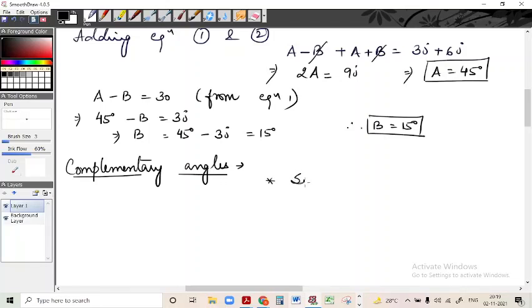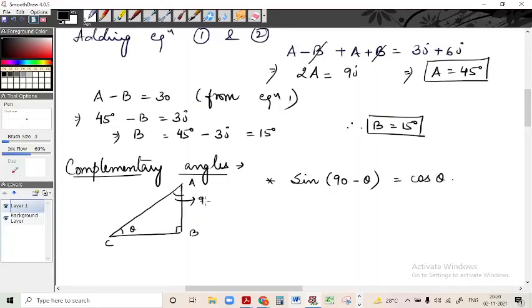That is the formula sine 90 minus theta will be equal to cos of theta. Now see, consider this is a triangle. Let this is your A, this is B, this is C, this is 90 degree, this is theta, this is 90 minus theta. Okay, so suppose this is your X, this is your Y, this is your R.